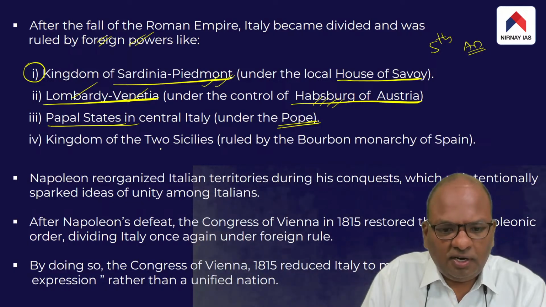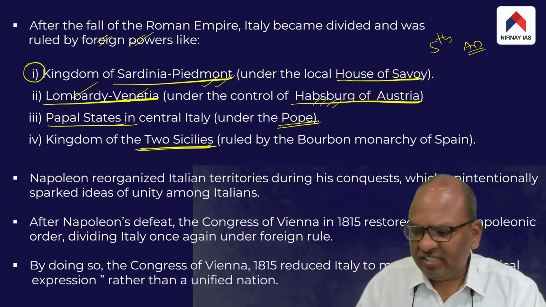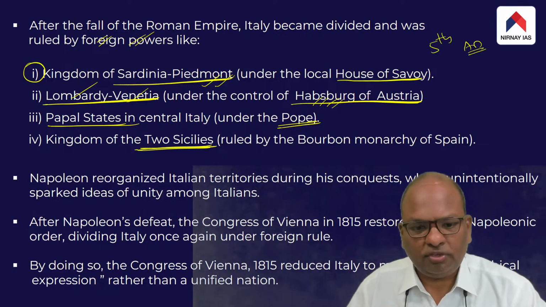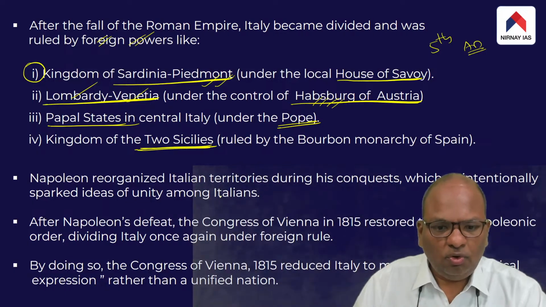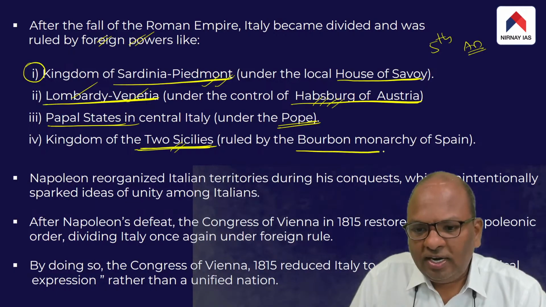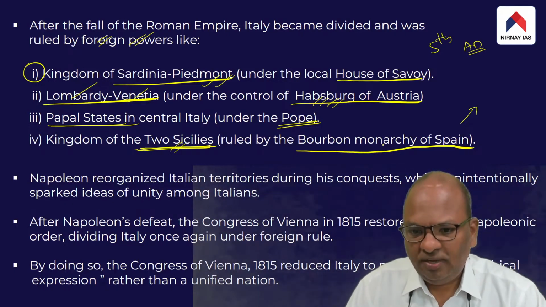Then to the south of Italy, the two Sicilies were established. These are two kingdoms located in the south of Italy, and these two kingdoms came under the control of the Bourbon dynasty of Spain. Spain was ruled by a dynasty known as the Bourbon dynasty.